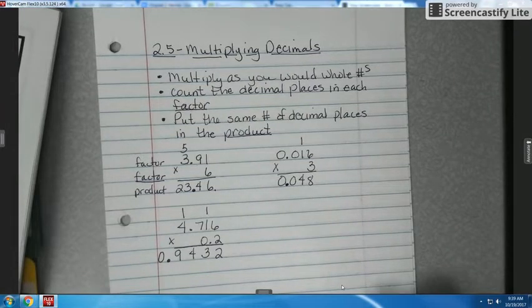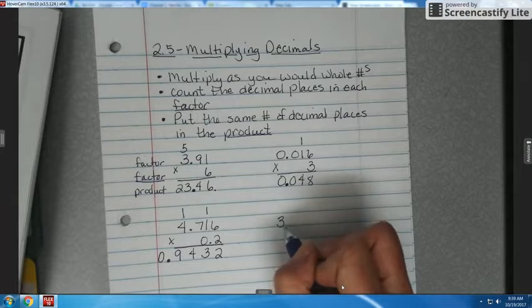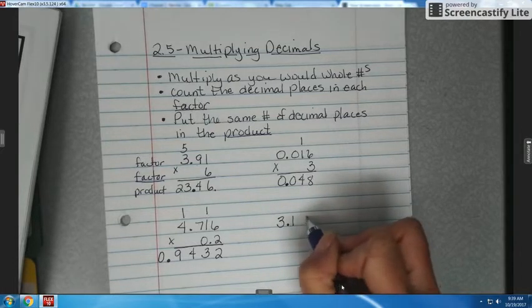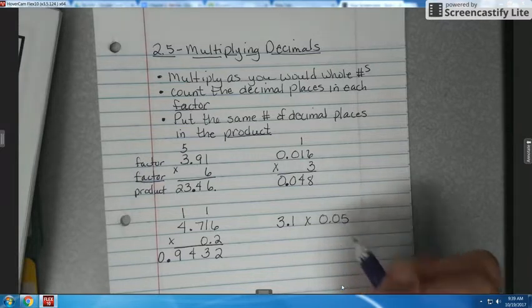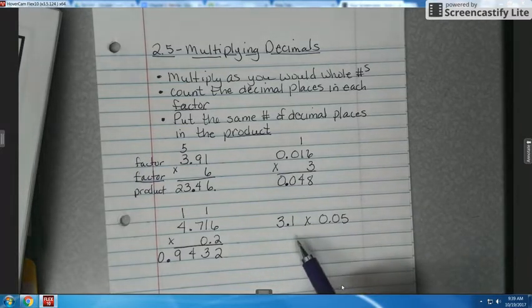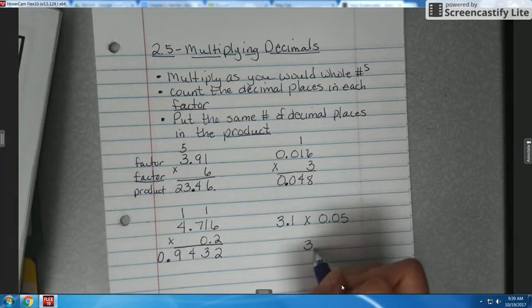All right, another problem that we can do, I'm going to write it like this: 3 1/10 times 0 5/100. Because we can use the commutative property, we can write this problem either way. However, I'm going to write it with 3 1/10 as the top number.